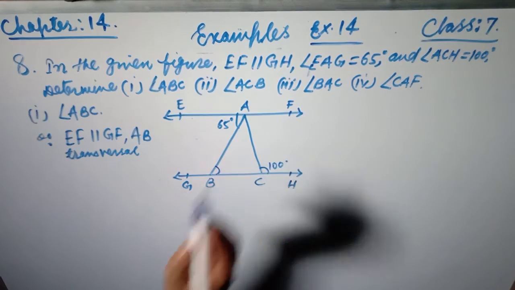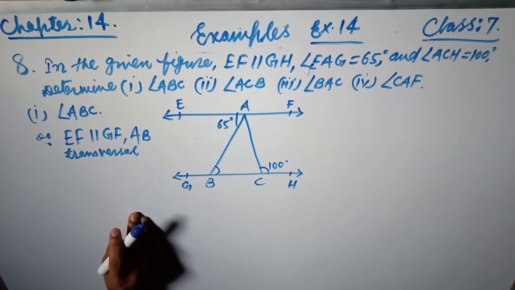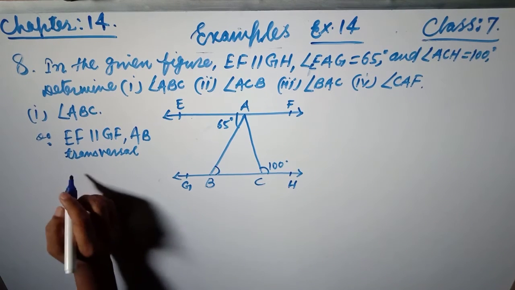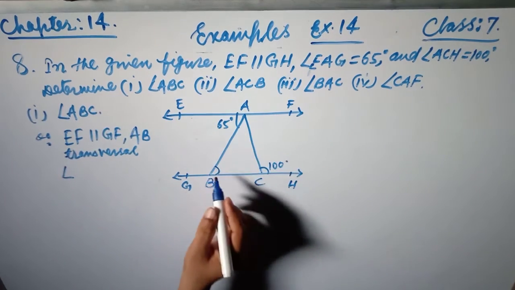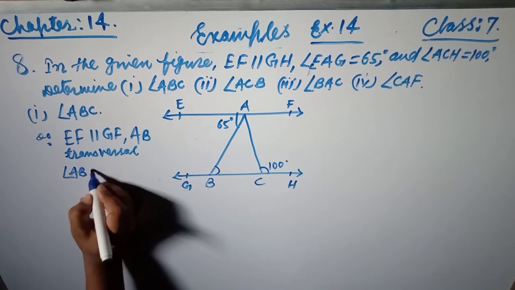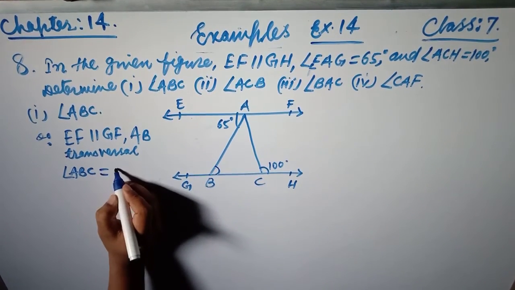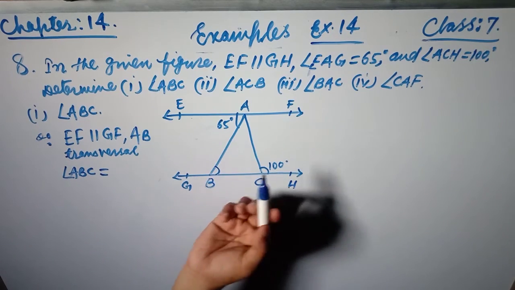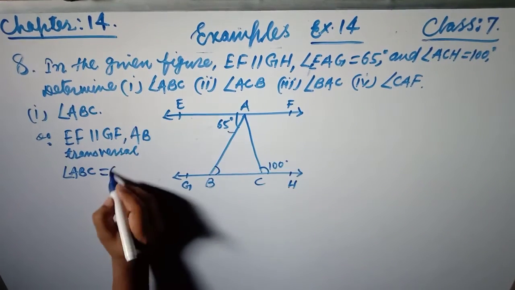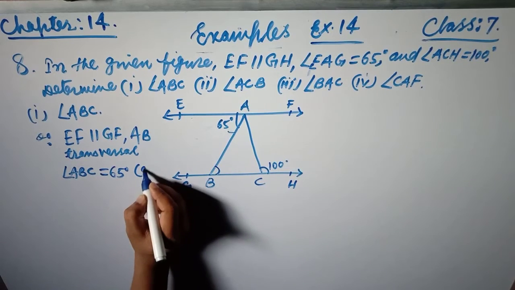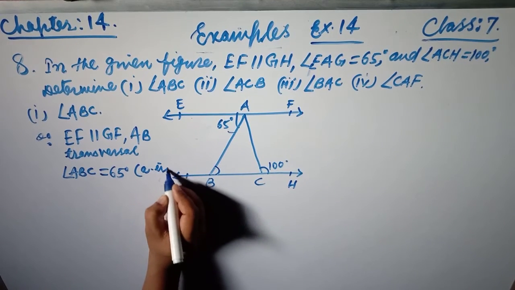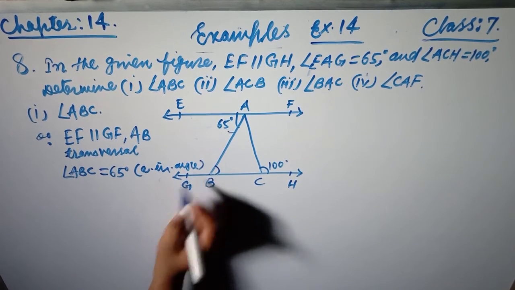This angle and this angle are equal because of alternate interior angles, so angle ABC is equal to 65 degrees.